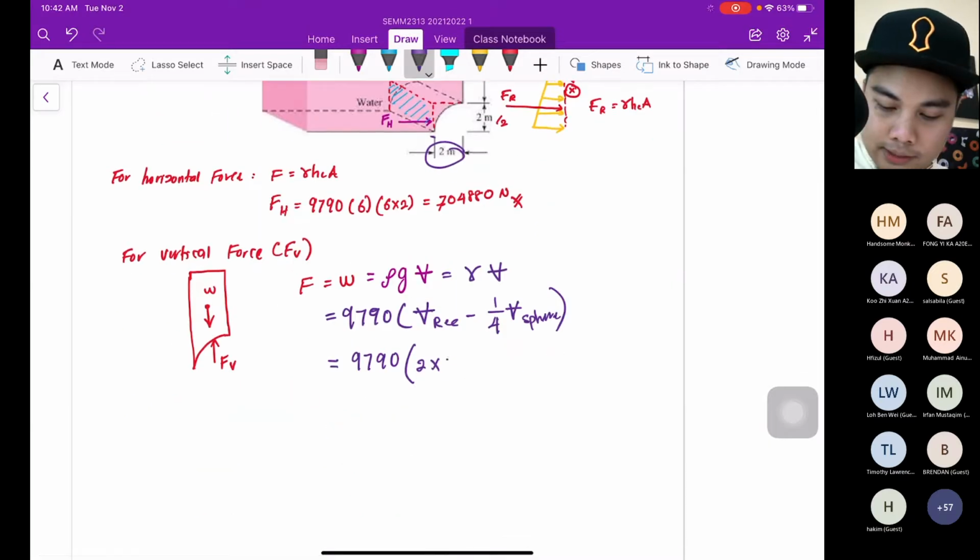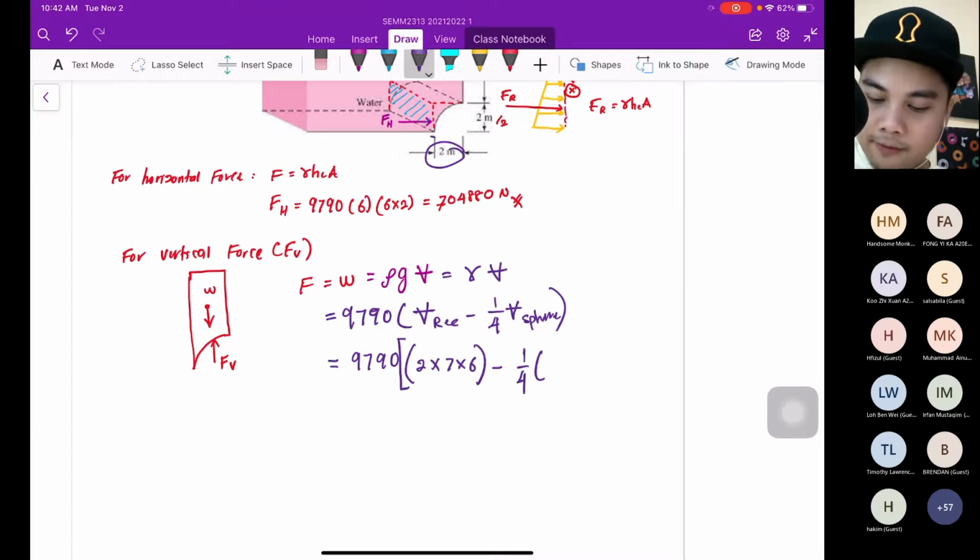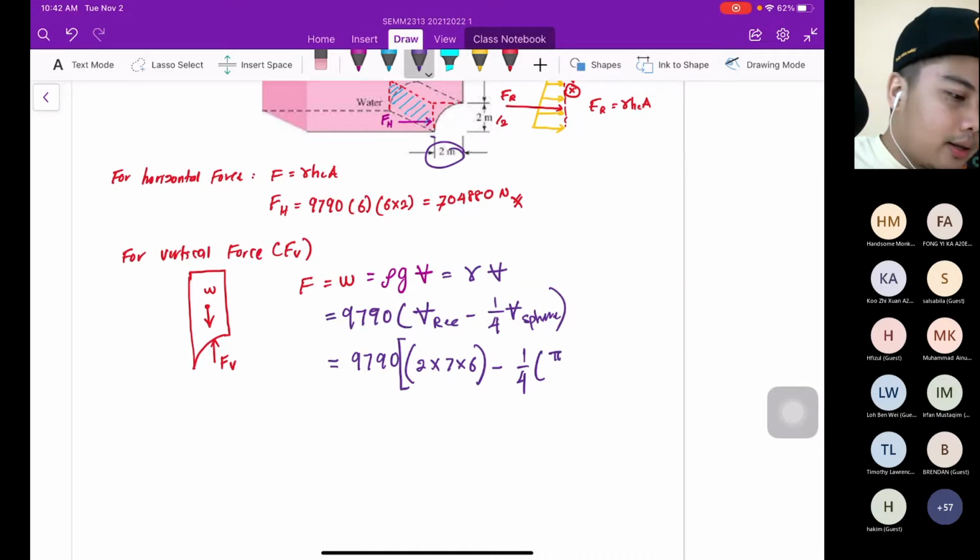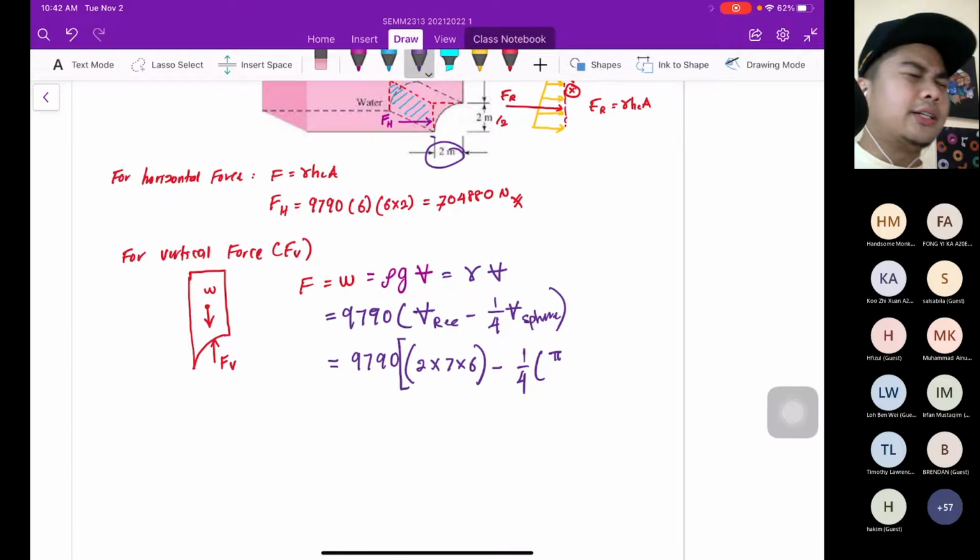So 2 multiply with 7 multiply with 6, minus 1/4 of the volume of the sphere, sorry, it is not a sphere, a sphere is like a ball. It is a circle, sorry. Okay, circle.